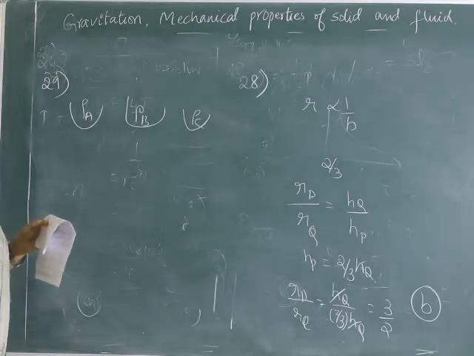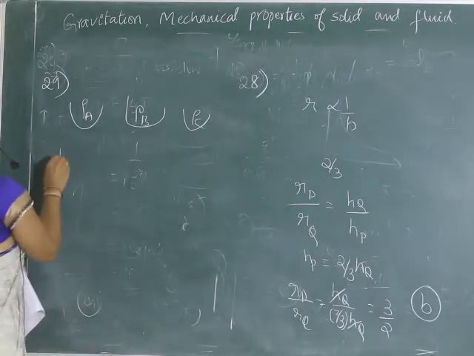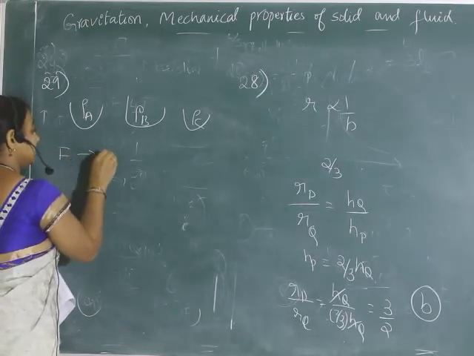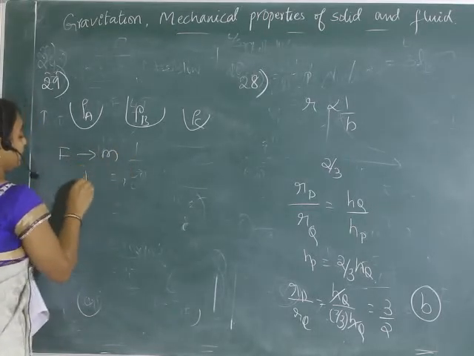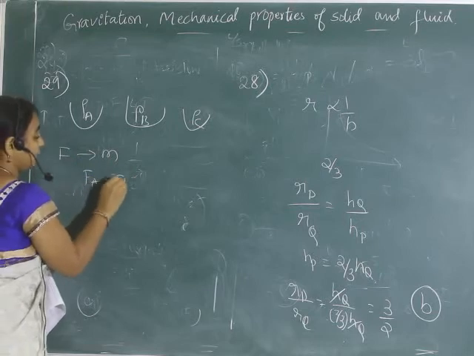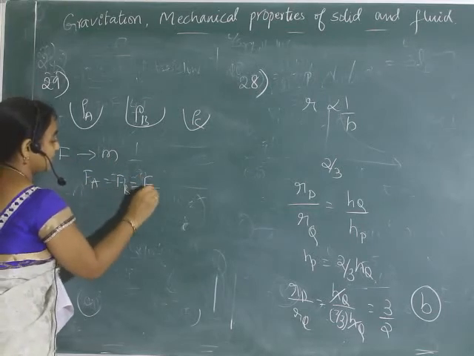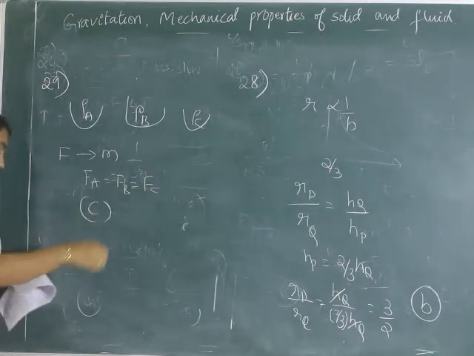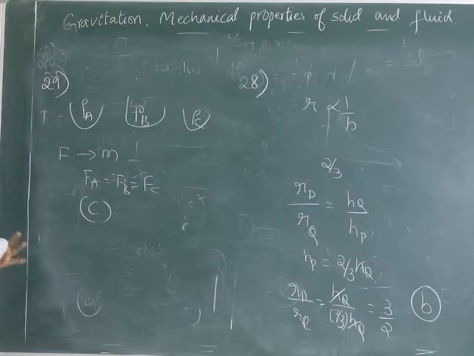Equal mass. So force is not depending upon the density, it is depending upon the mass. Now mass is same, so force on A is equal to force on B is equal to force on C. Therefore option C, the same in all the vessels.